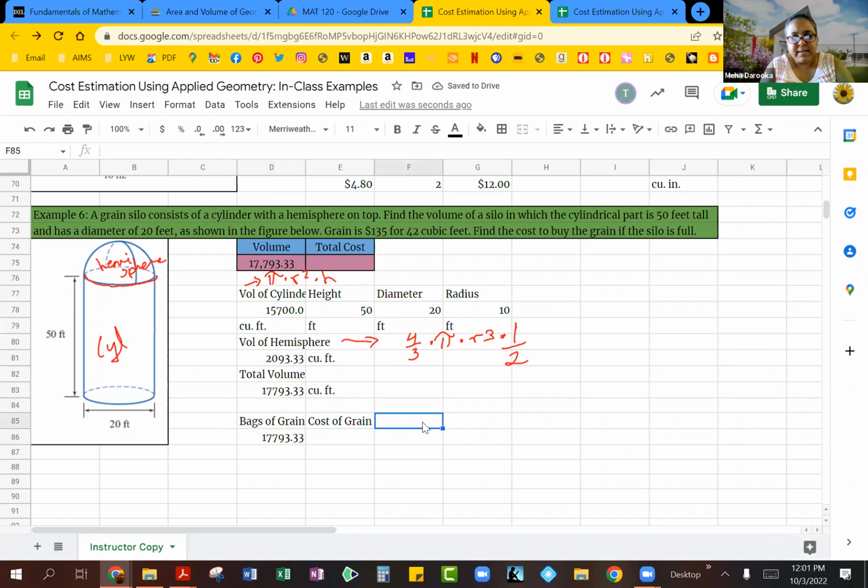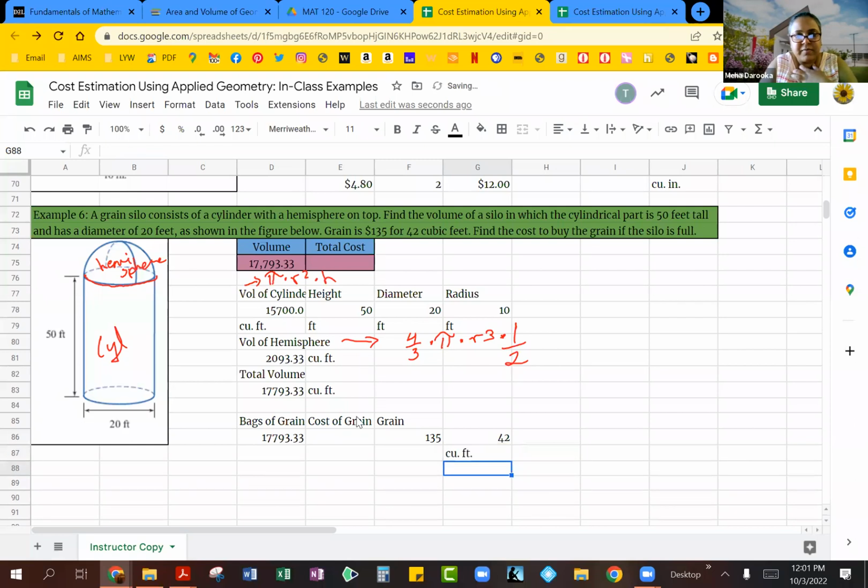So our grain is costing us $135, and it's got a capacity of 42 cubic feet. Okay, so for the number of bags of grain, you're going to take the volume of the silo and divide it by the volume of each bag. So yeah, this is what you guys were showing me.